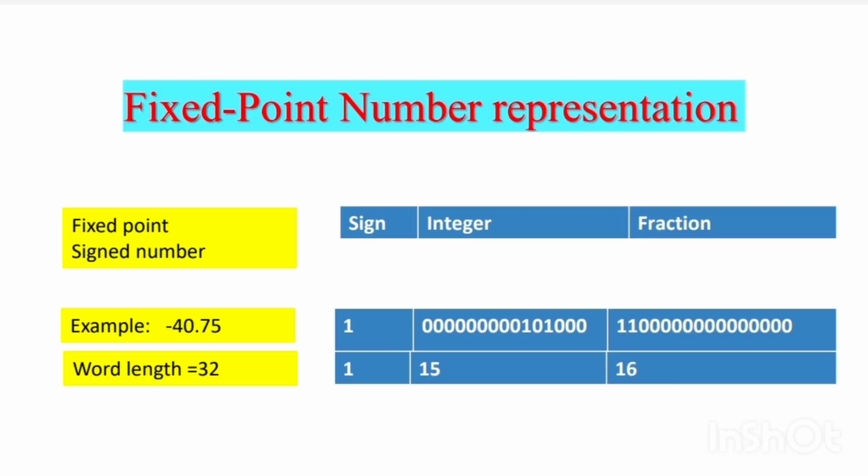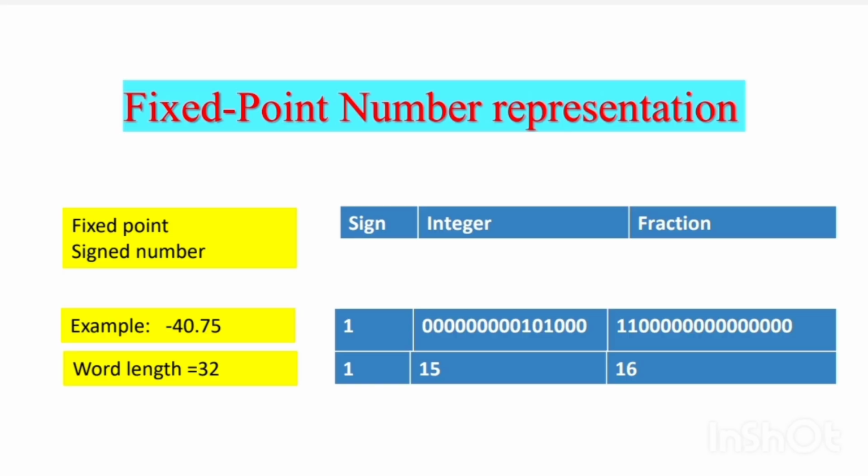Here is an example of fixed point representation for signed numbers. The number is minus 40.75, which is definitely a negative number. So the sign bit is 1, and 15 bits are used for representing the integer part.